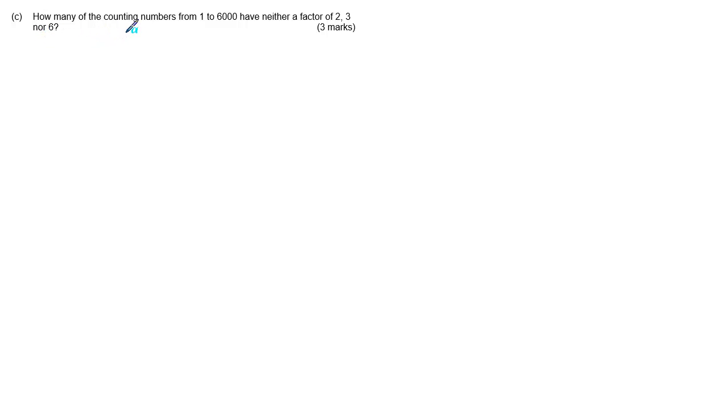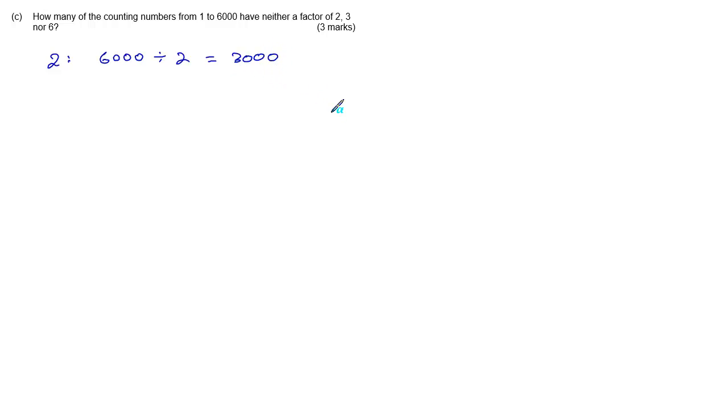How many of the counting numbers from 1 to 6,000 have neither a factor of 2, 3, nor 6? So let's look at factors of 2, 1 to 6,000. 6,000 divided by 2 is 3,000.